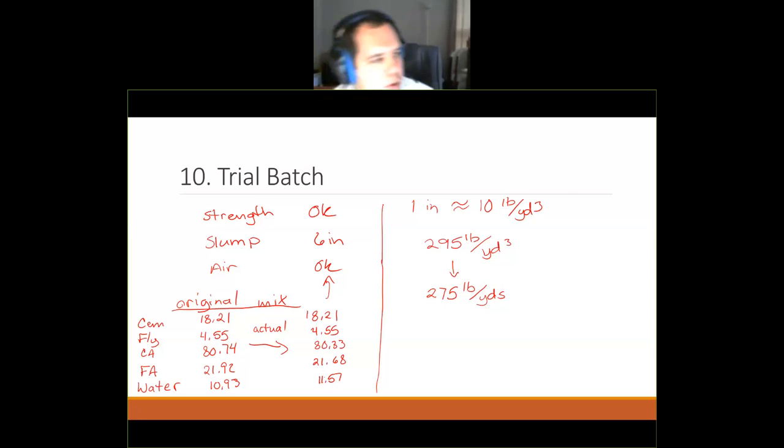So with this one, now we're going, and again going off the same row, our cement now is going to go to 16.97. Our fly ash is 4.24.